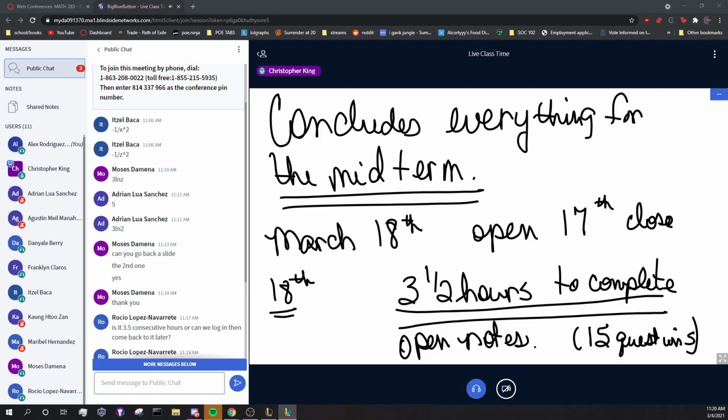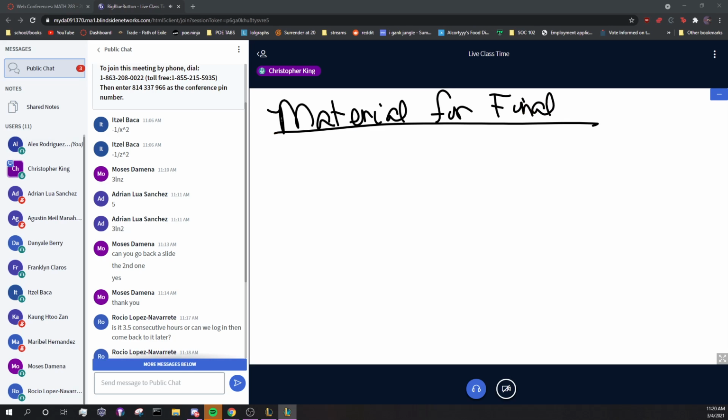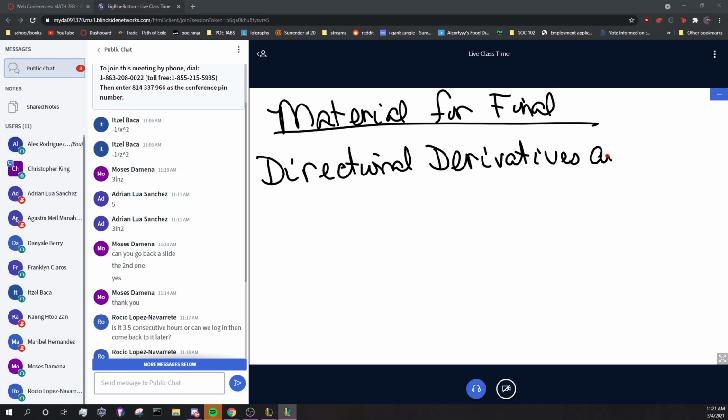Okay, so let's go ahead and get started. All right, so now we're moving into material for the final. We're going to move into the section dealing with directional derivatives and gradients, gradient vectors.